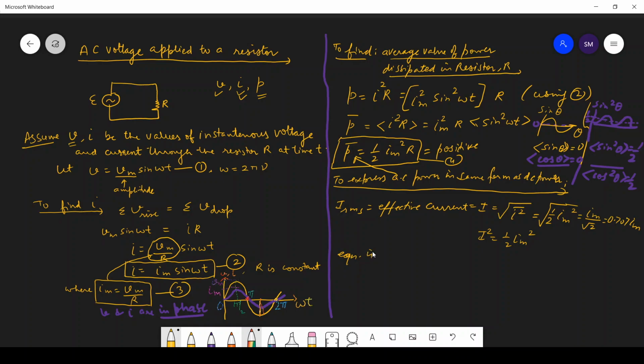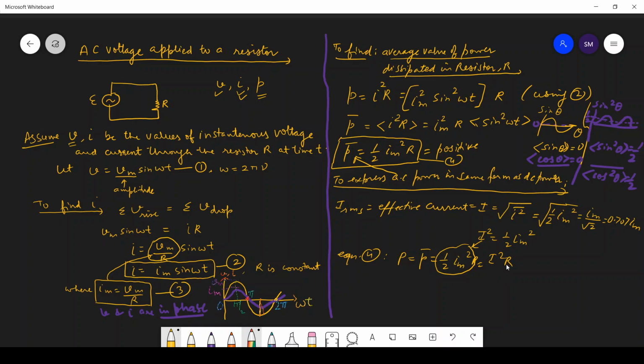From equation 4, the average power equals half Im square R. Put this value over here, I square, so we get I square R. This is the same formula as DC.